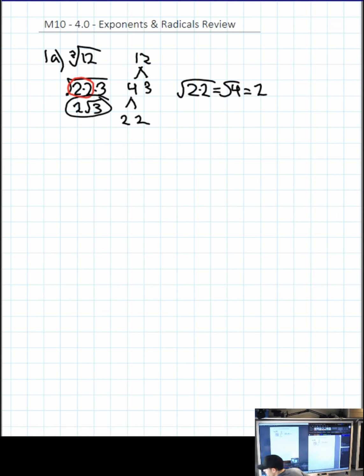Now, we're always going to check our answer on these things and make sure that they are correct. So if we check square root 12, we're going to get 3.46. And if we say 2 square root 3, we're also going to get 3.46, making sure that we have done the correct operation.